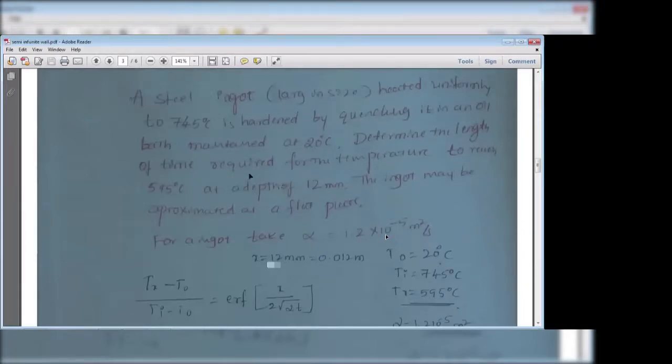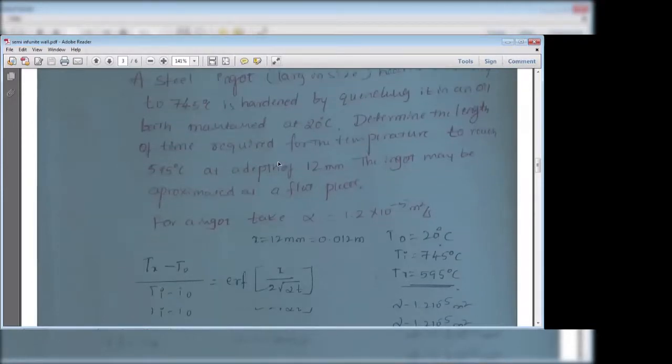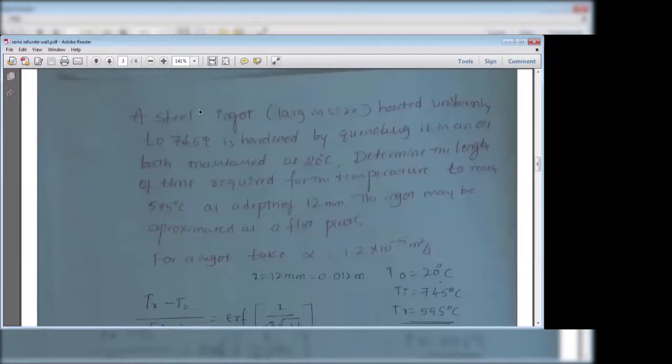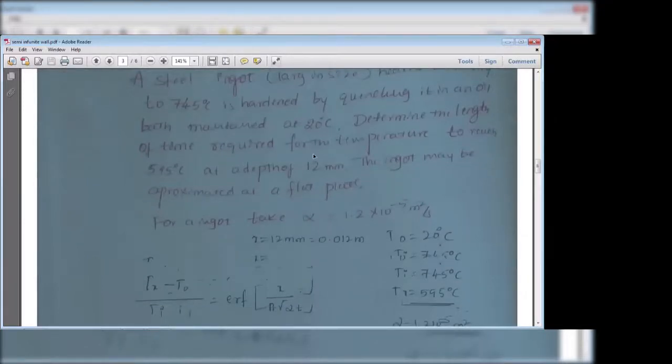So this is the case of a semi-infinite solid. The ingot may be approximated as a flat plate, so this is the case of a semi-infinite solid. Here there isn't any dimension given for the steel ingot, so this is a semi-infinite solid. But x is given. We need to calculate the time for the temperature at 12 mm.